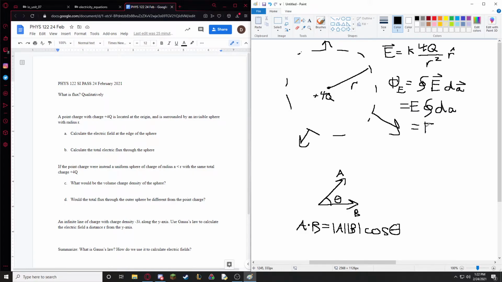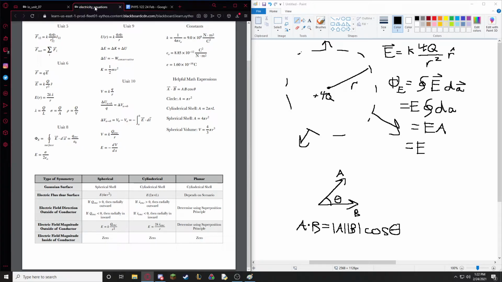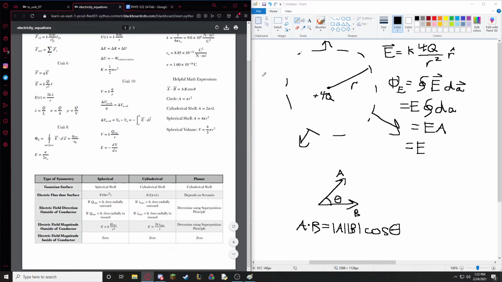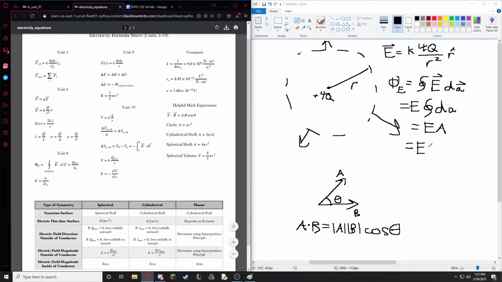So E times the area, which, does anyone know what the area of a sphere is? What's the surface area of a sphere? 4 pi r squared. Yep, exactly. And he actually gives it to you on your formula sheet. 4 pi r squared.